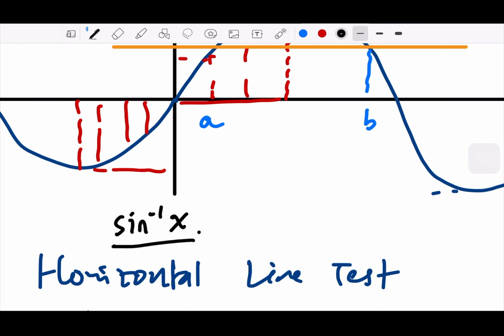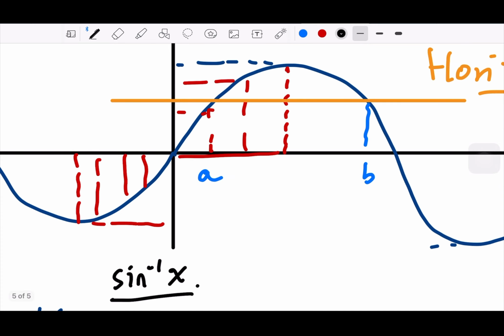That is because we restrict the domain. If you look from this point here, and maybe here, using the same technique, the horizontal line, it crosses exactly once. And that's a one-to-one function. On this domain, in the case of sine, this will be negative pi over 2, and this is pi over 2.